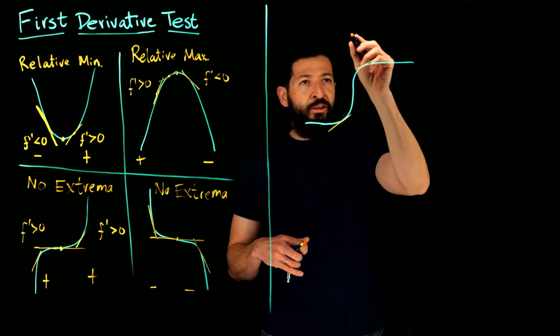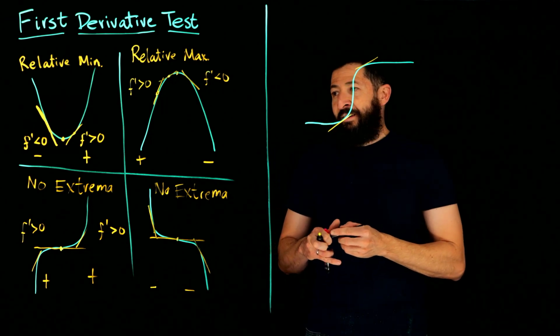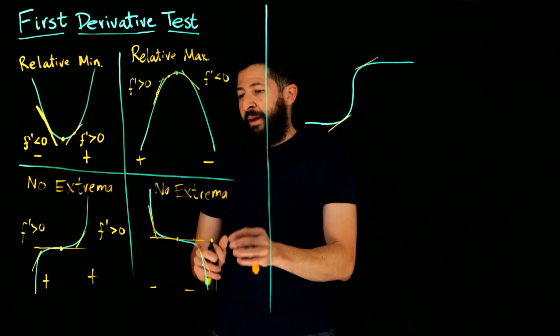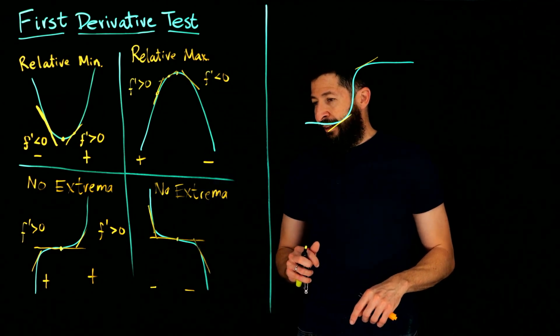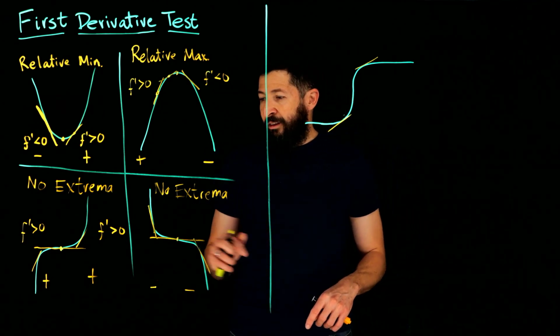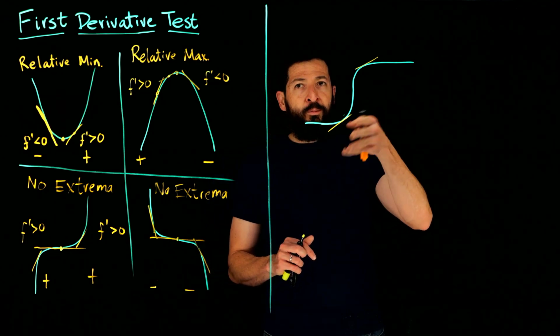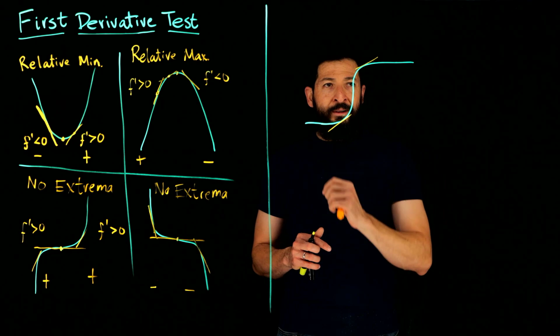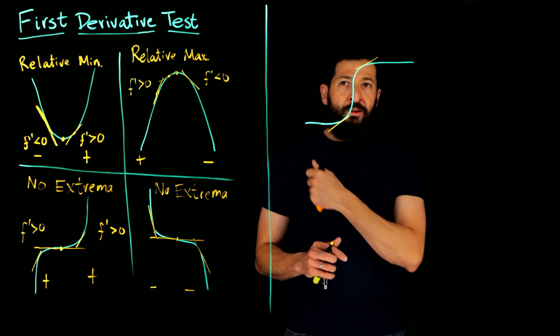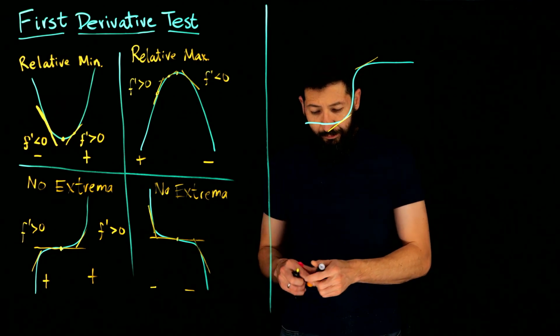But at this point, you have a point where the derivative is undefined. So you can have this situation happen, or these two situations happen as well when the derivative is undefined. So in this case, you will be going from positive to positive, possibly having an infinite value for the derivative there. And in this case, you have no relative extremum either.